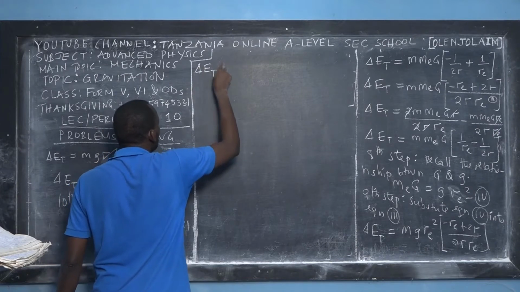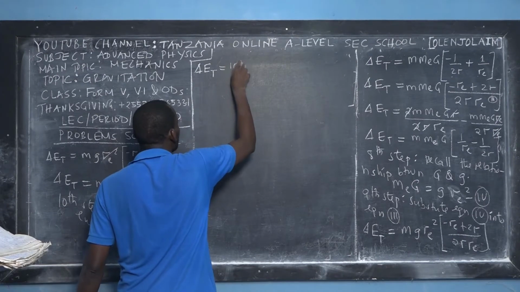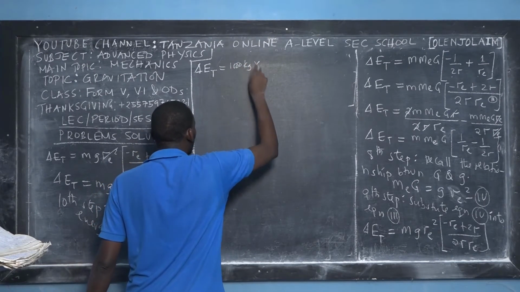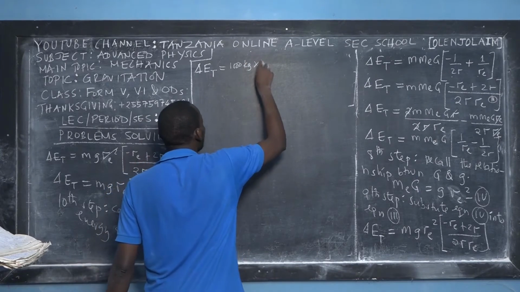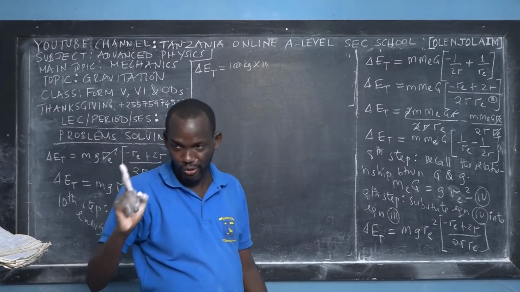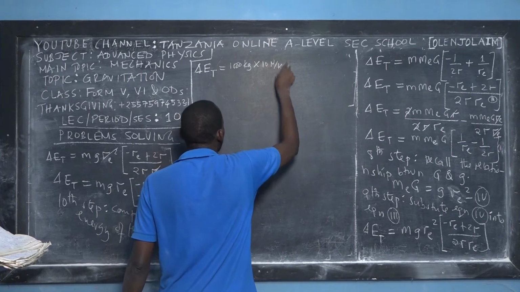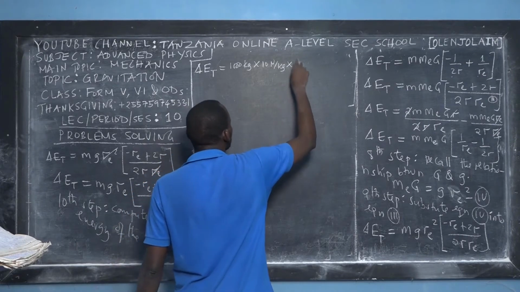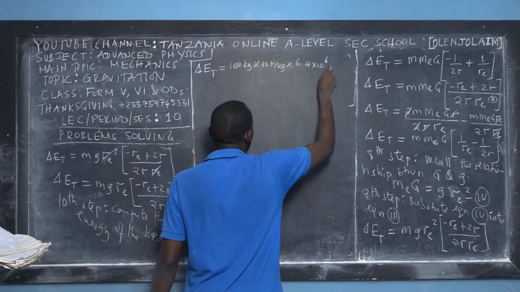Okay, change in the energy is equal to what? It begins with the mass of the satellite, 1,000 kilogram, sorry, not kilometer, 1,000 kilogram, excuse me. Acceleration due to gravity, you have been given 10 meter per second squared or 10 Newton per kilogram. Understand that? And then we multiply with the radius of the Earth, which is 6.4 exponent 6 in other words.